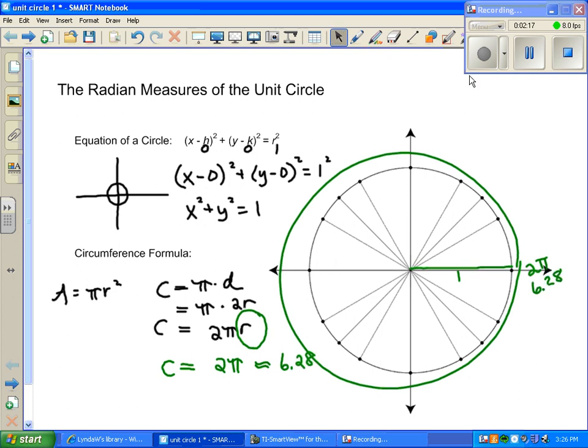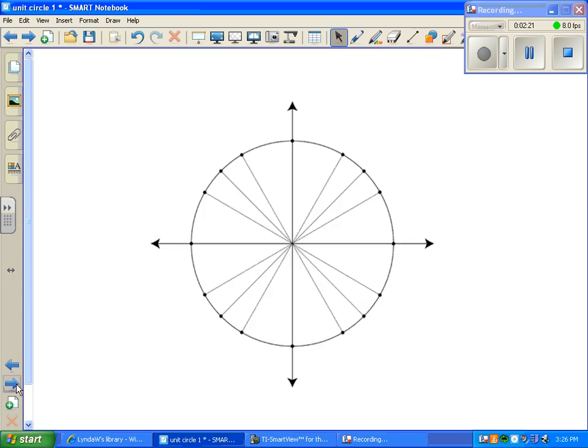Now we start with this idea, then we can find the other points from the portions of the circle. If all the way around the circle is a distance of 2 pi, then halfway around the circle must be a distance of pi. This is really half of the circle times 2 pi, which of course makes pi.